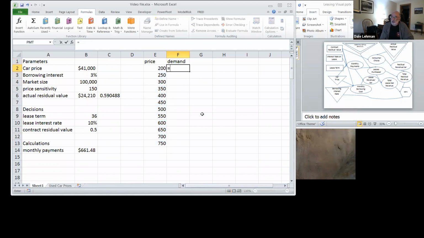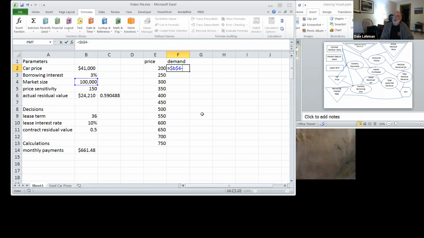I'd calculate demand by taking the maximum possible size here, which is B4. And I'm using dollar signs so that when I copy this formula, it keeps looking at B4 and doesn't move down. That's the absolute addressing as opposed to relative addressing.